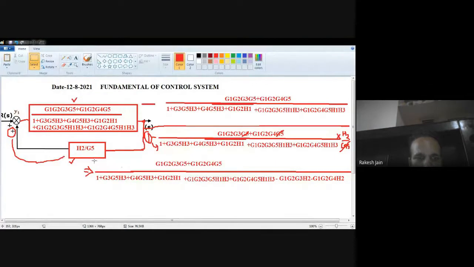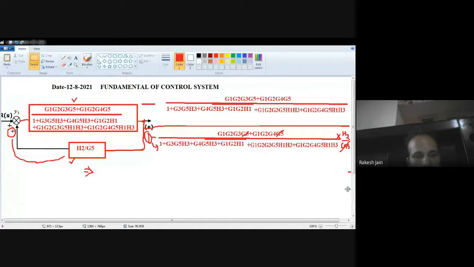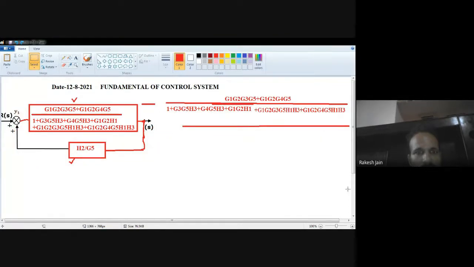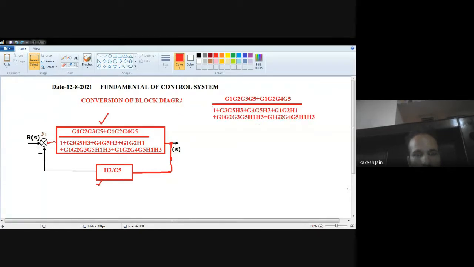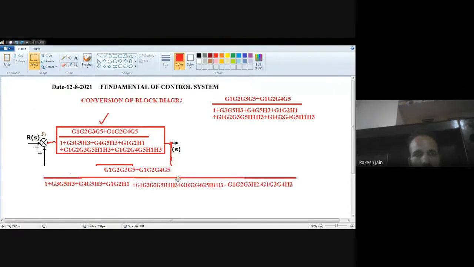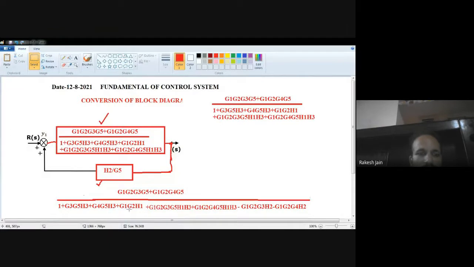I just copy this final answer. Now we see the corresponding signal flow graph. So I just remove a little bit. This is my final answer of this question.